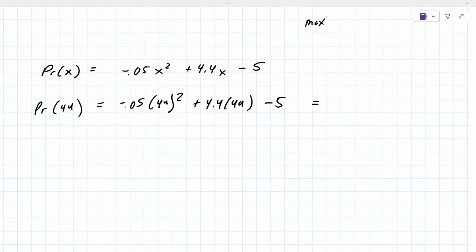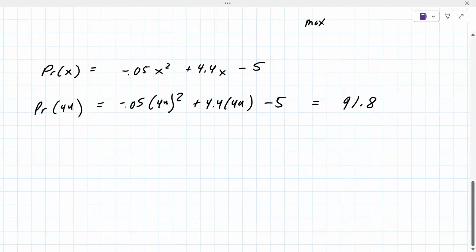So let me do that here for you. We got x equals 44. Negative 0.05 x squared plus 4.4 x minus 5. All right, so I got 91.8.